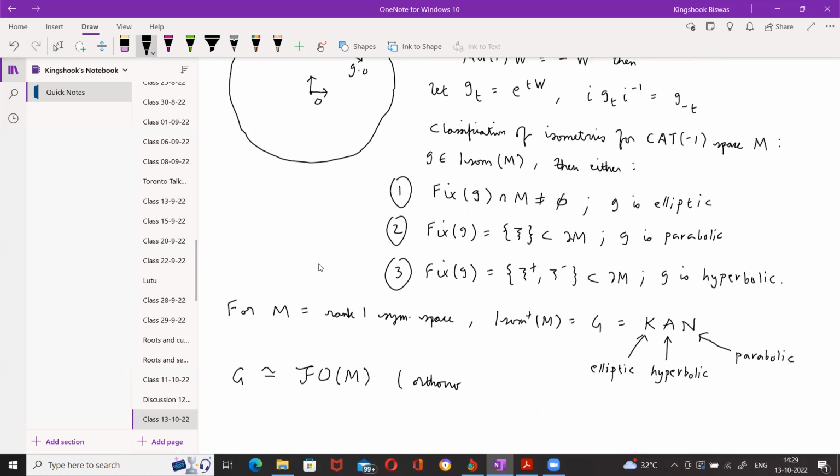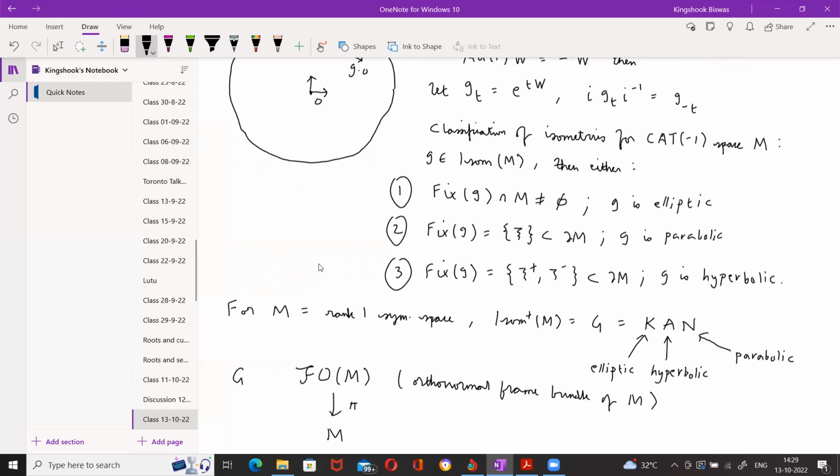So this is the orthonormal frame bundle, a fiber bundle over M, where the fiber above a point P is the set of orthonormal frames at P. Sorry, to be precise, G embeds into the orthonormal frame bundle.